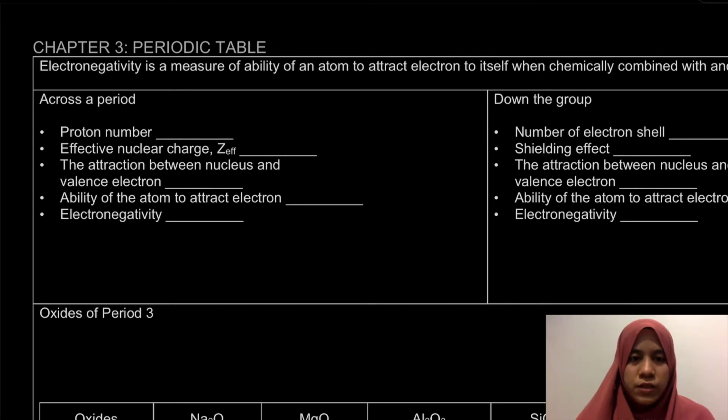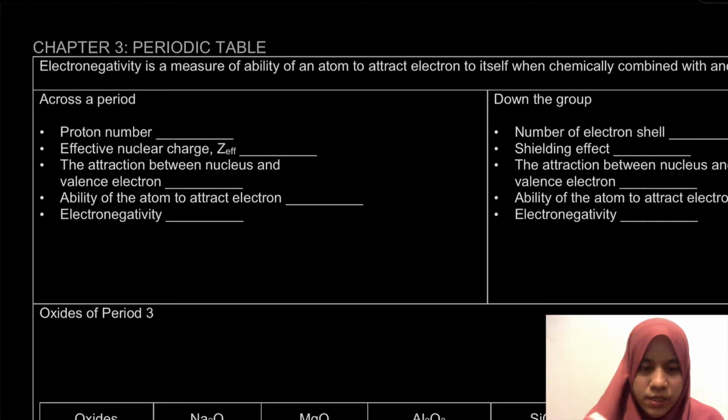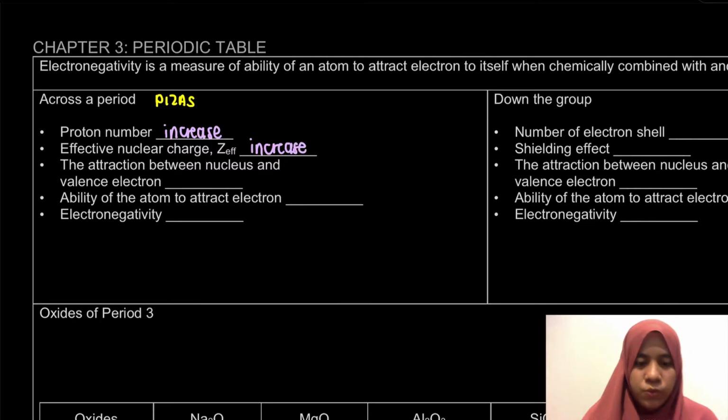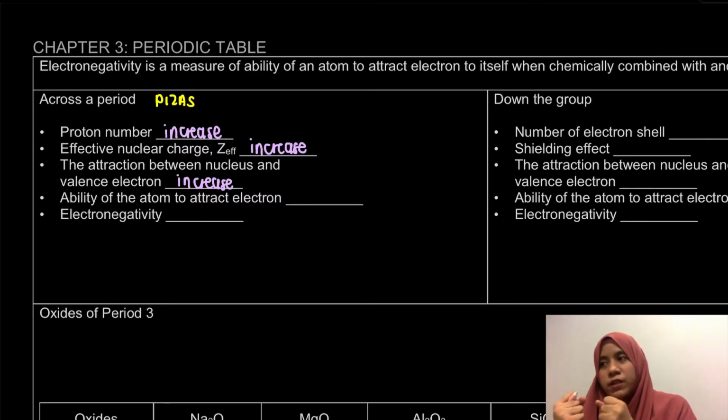For the case of across a period, if you still remember, across the period, the proton number will increase. So the effective nuclear charge increases. So the attraction between the nucleus and the valence electron increases. So the ability of the atom to attract electrons also increases, because the attraction between the nucleus and the valence electrons, meaning the effective nuclear charge, is high.